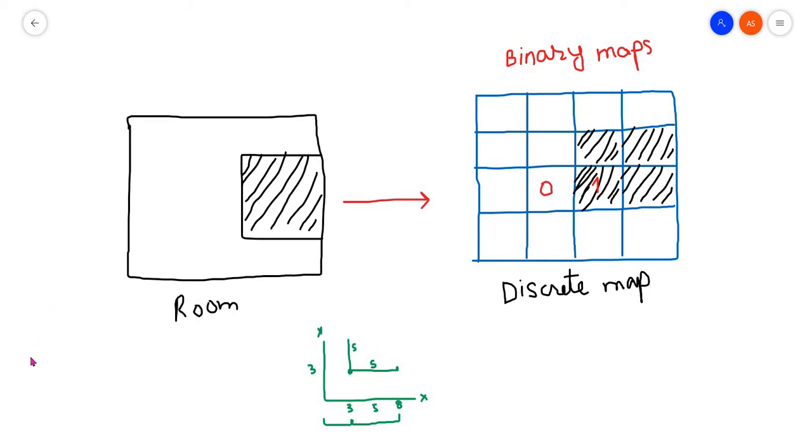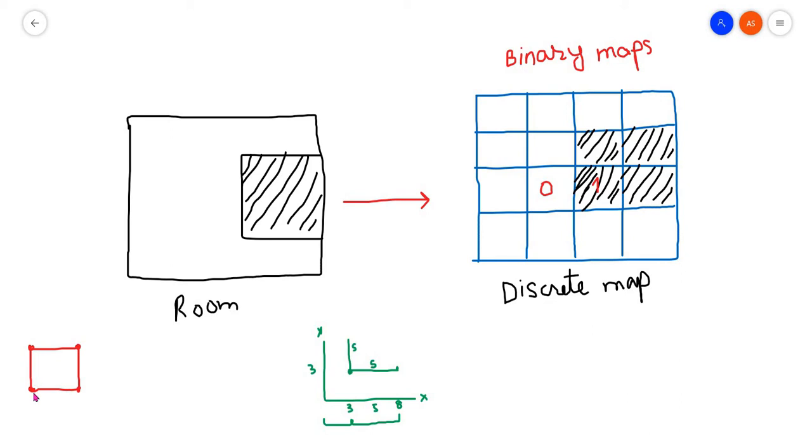Okay, so our obstacle looks like this with 4 corners: 1, 2, 3, and 4. So what was the location of these 4 points?